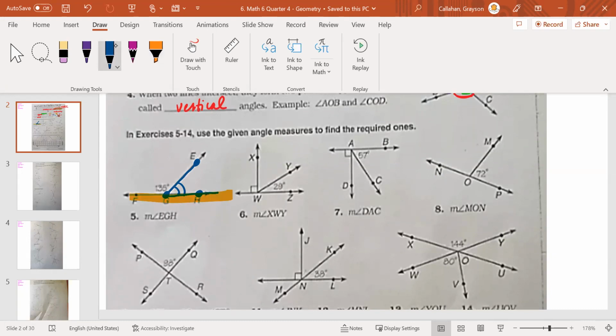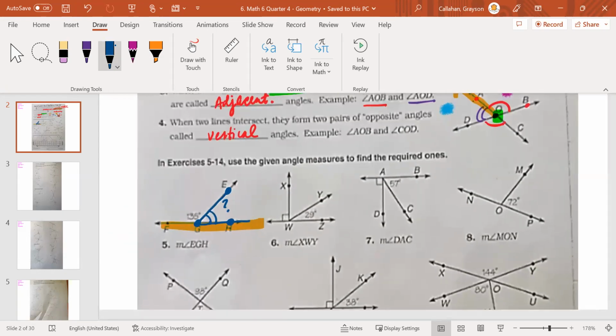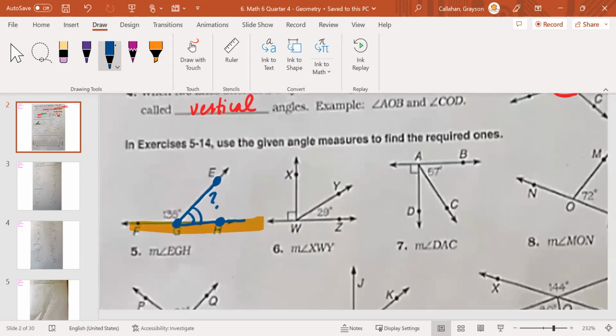So what is your strategy to find this angle right here? Whenever they create a straight line, it's 180 degrees, right? 180 degrees, maybe minus this angle, which is 135. That will give you this angle right here. Do you see that? Okay, so you're going to do that one on your own, okay?